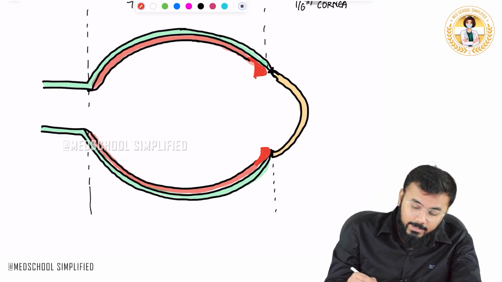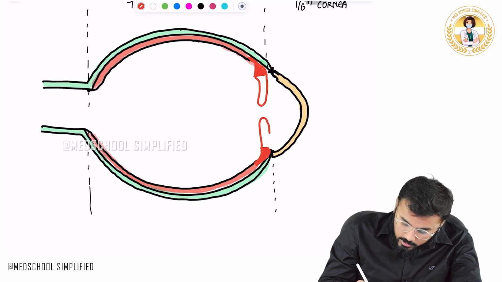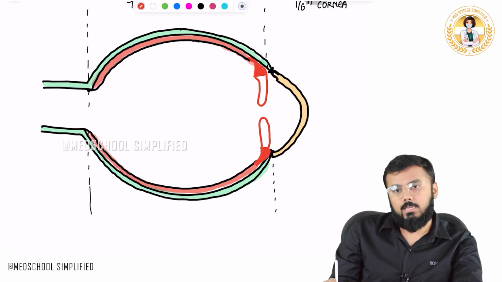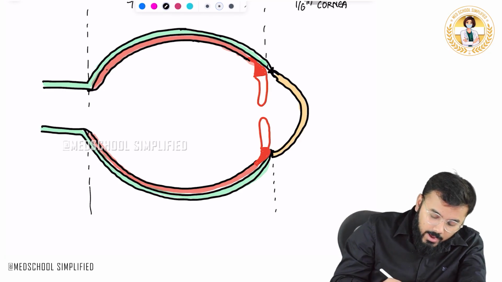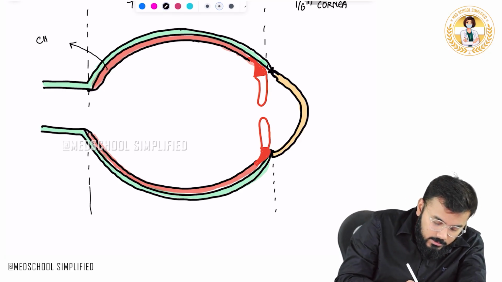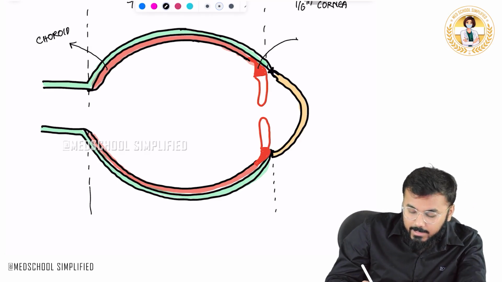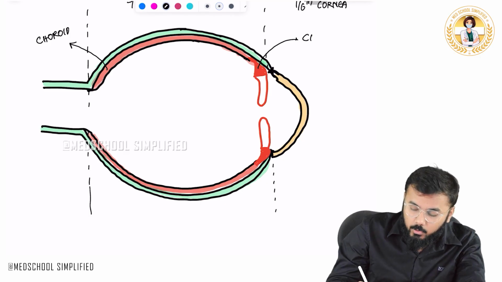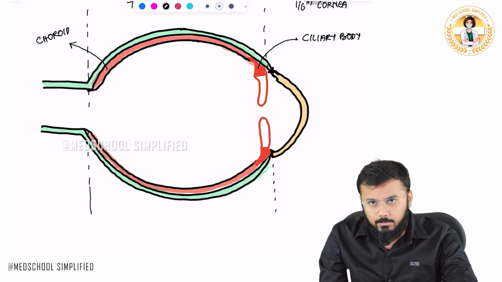This structure which you can see at the back is called as your choroid. This choroid anteriorly becomes thick, and this thickened portion is called ciliary body.